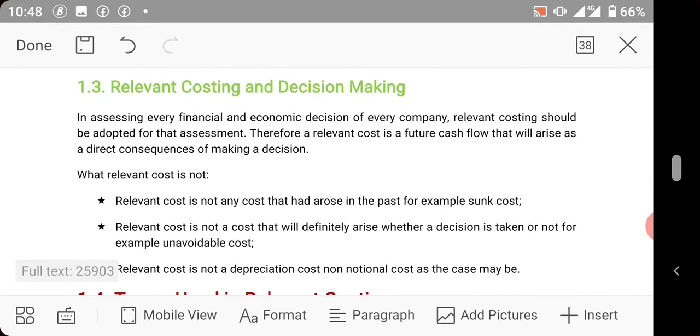Now you can see this. A relevant cost is a future cash flow that will be incurred as a direct consequence of making a decision. So if we are going to make a decision tomorrow, any cost that will arise as a result of making that decision tomorrow is a relevant cost.